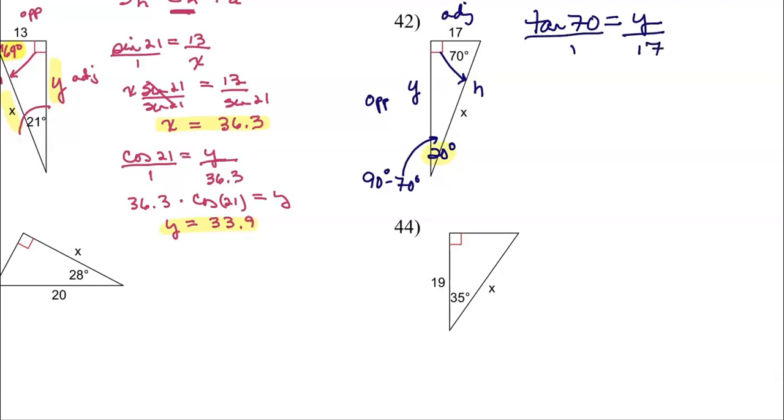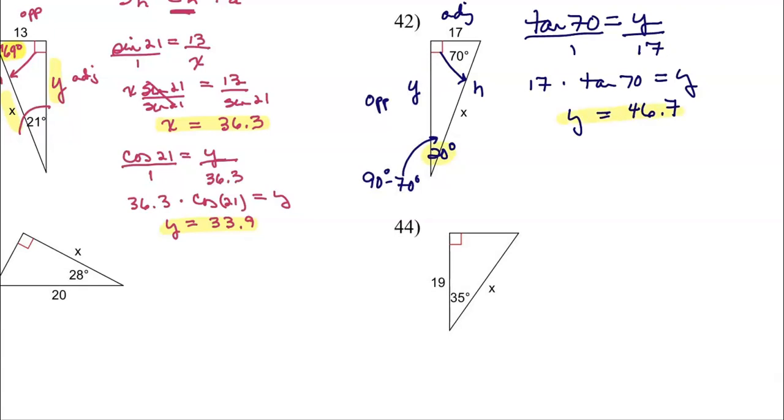That'll be a one-step problem. So 17 times the tan of 70 will equal y. So 17 times the tan of 70, and that equals, y will equal 46.7. That's another piece solved for.